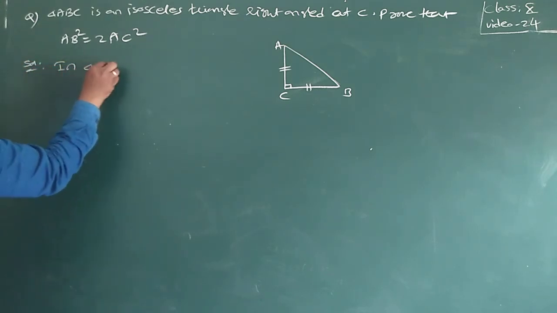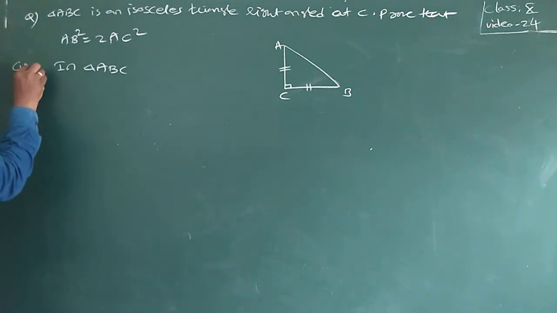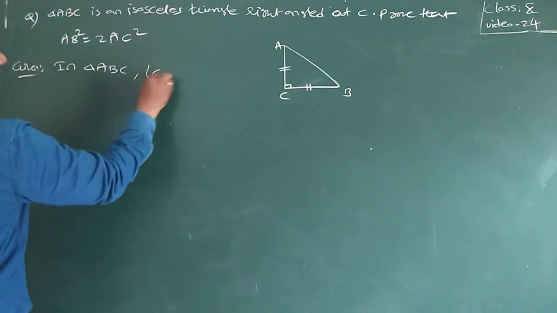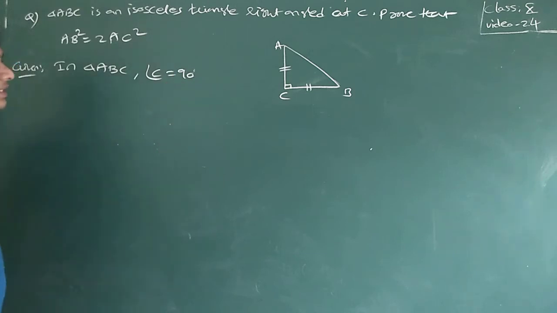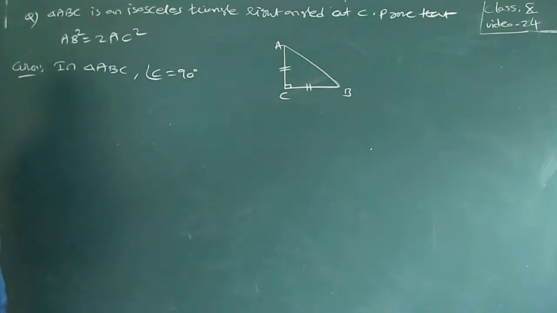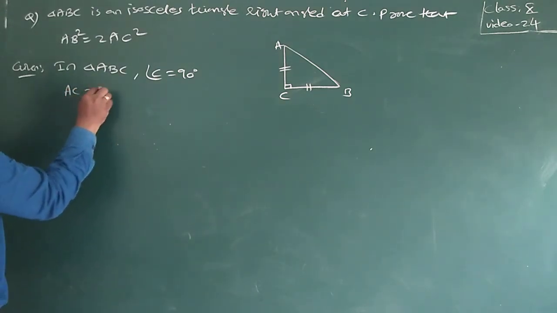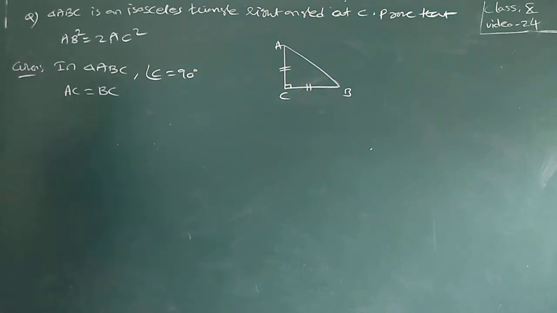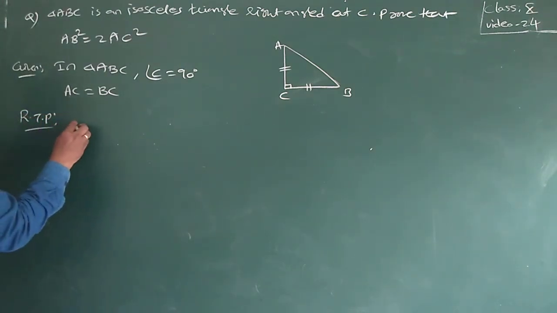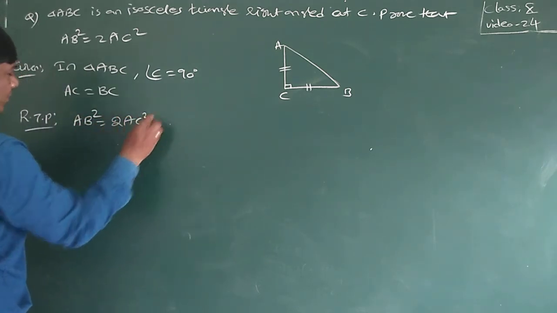In triangle ABC, given angle C is equal to 90 degrees, and since it is isosceles, other than the hypotenuse, the remaining perpendicular sides are equal. Means AC is equal to BC. Now what is required to prove is AB square is equal to 2 times AC square.